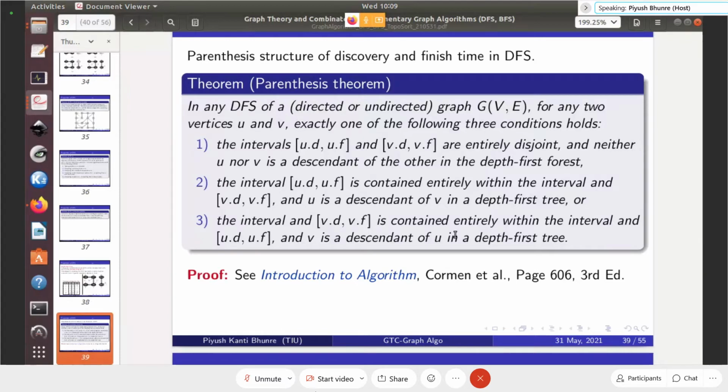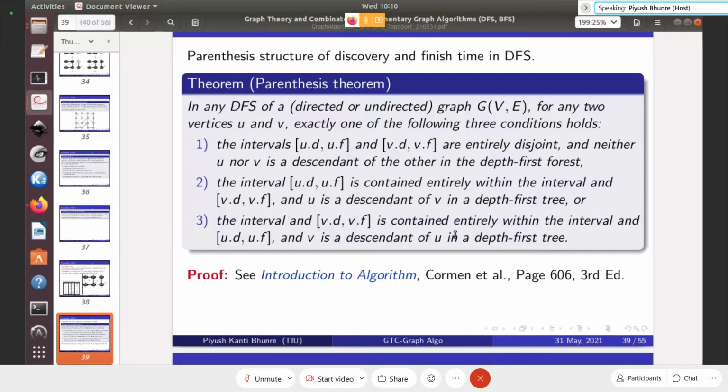We call these parenthesis properties because if two vertices belong to the same connected component, their discovery time and finish time form an interval, and those intervals are contained in each other. One interval is contained completely in the other vertex's interval. If they belong to different connected components, they have disjoint intervals.